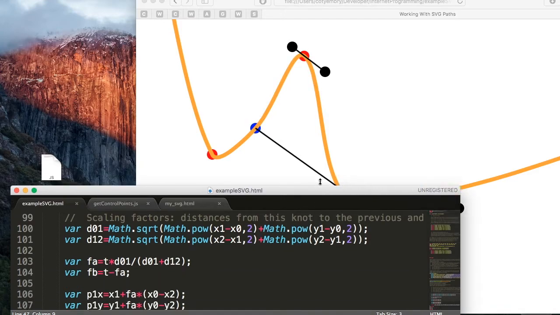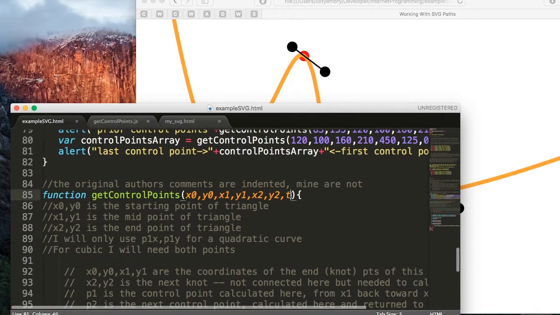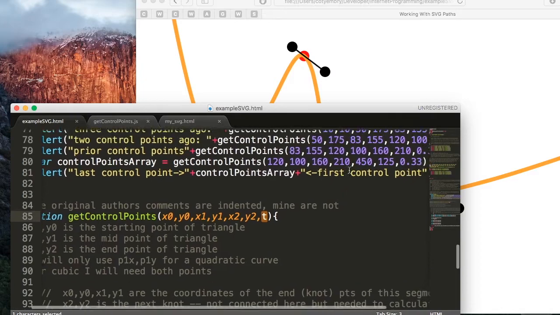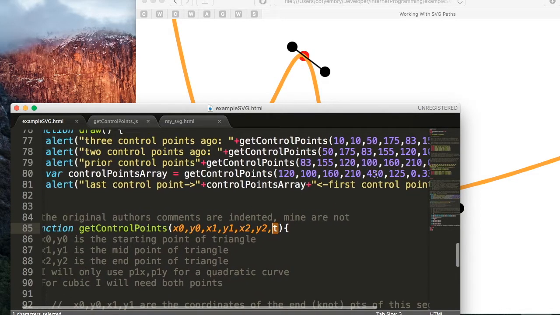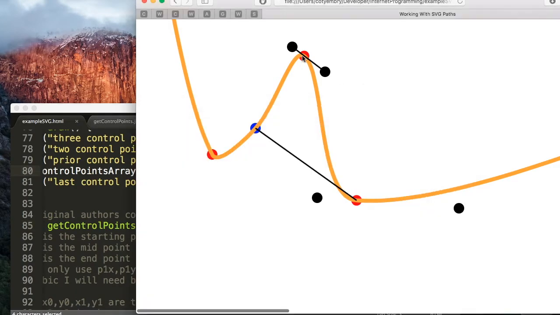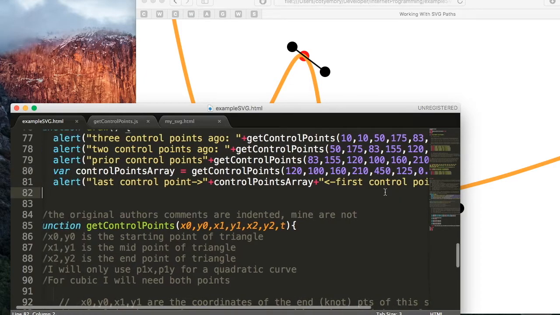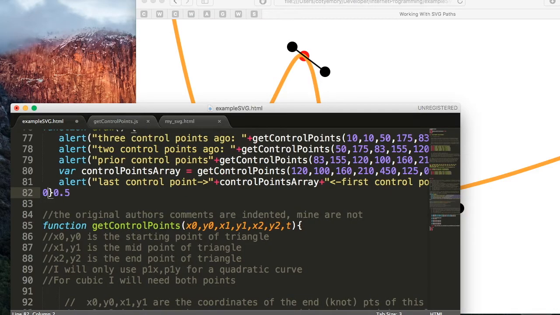I know it's getting boring, but the scaling factor would be T, and when you create the control points, you would actually send the scaling factor. It really just depends on how curvy you want it to be. That is your scaling factor, or curve factor, whatever you want to say. This would range between around 0.5 and 0.33. This would be the range.